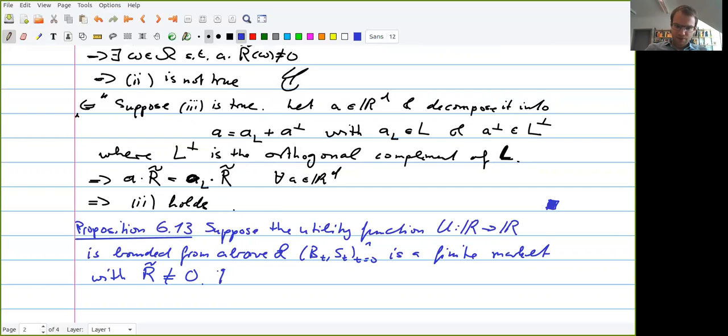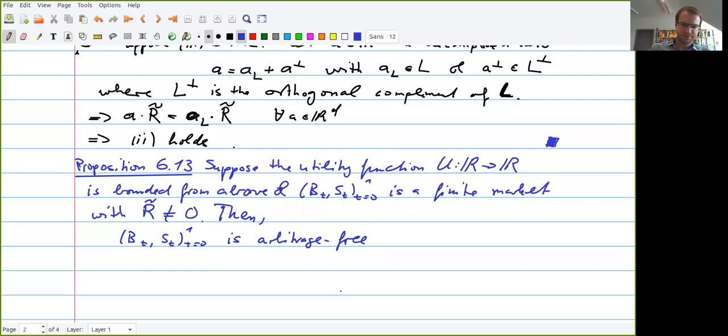And then we have the following observation. This market is arbitrage free if and only if our utility maximization problem has a maximizer.